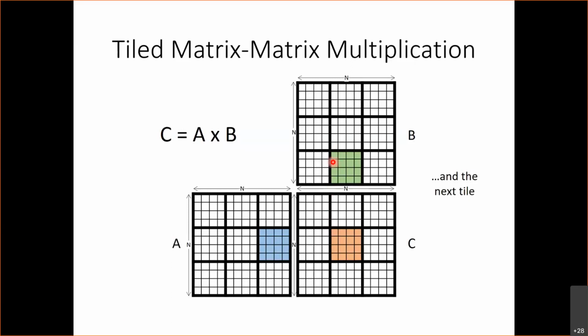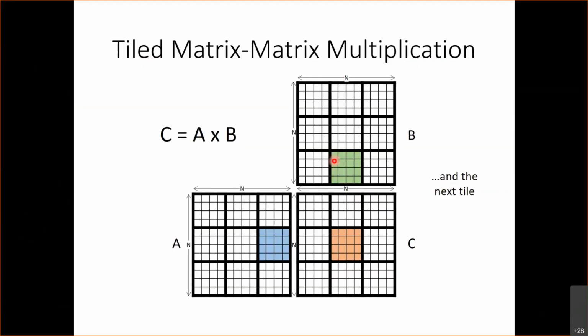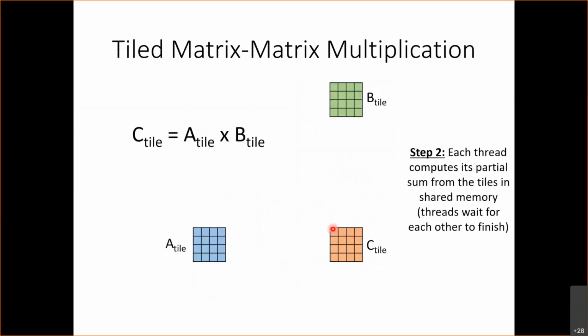Okay, so the offset is going to be thread index.y. Okay, where is this result going to go? Well, again, this tile is going to be loaded into a shared memory array that just has this value over here. Okay, so if we go back to this illustration here, the thread is going to use its own local index to store to the tile.